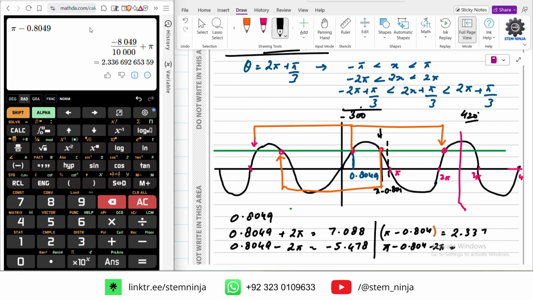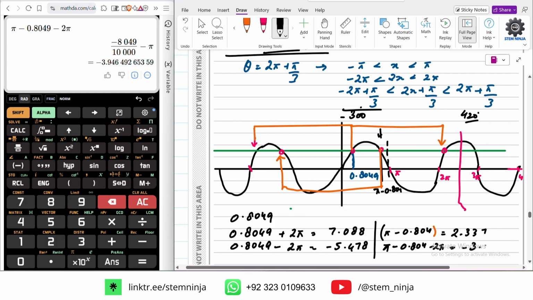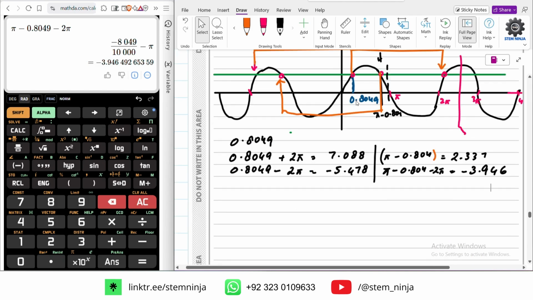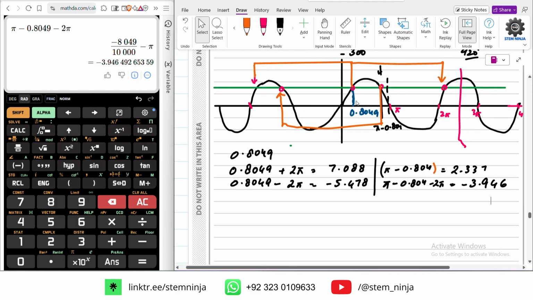You get minus 3.946. Okay, so these are still just theta. We actually haven't gotten to solve for x yet. So we will get back to x in a second.